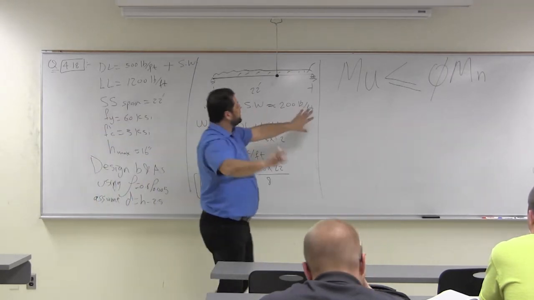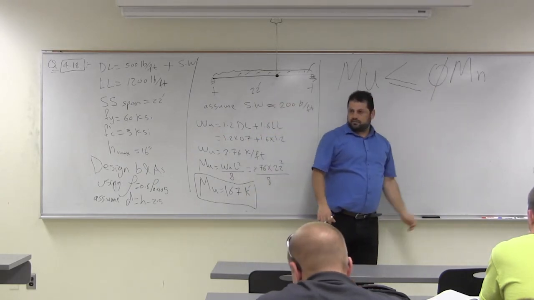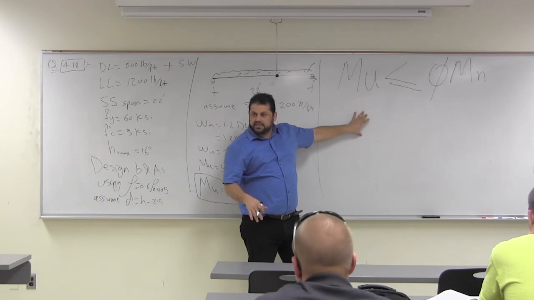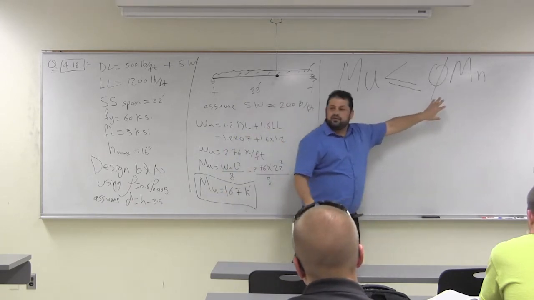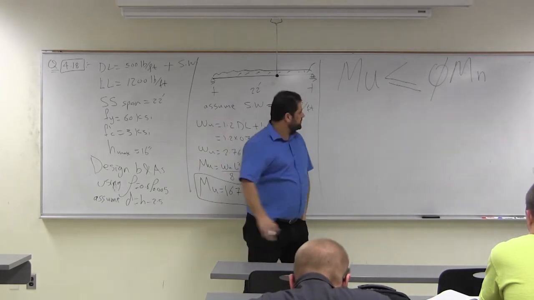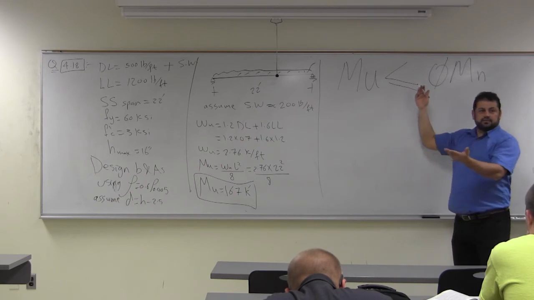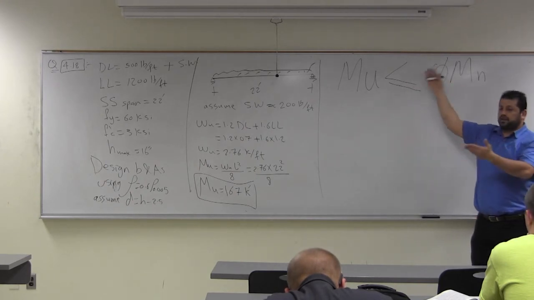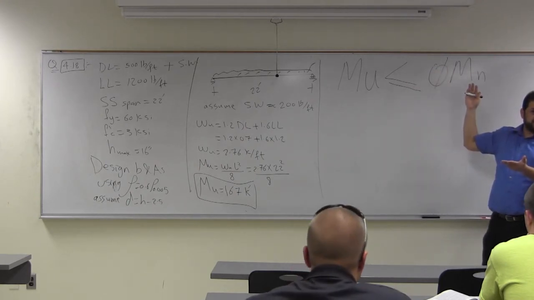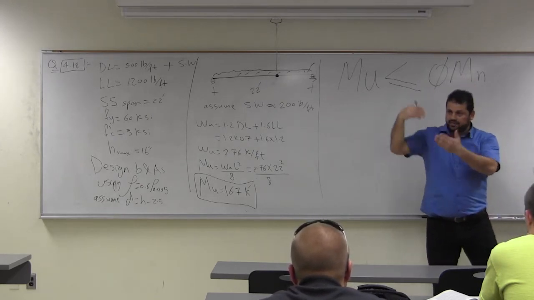If you design for shear, V ultimate less or equal phi Vn. Axial, P ultimate less or equal phi Pn. Good. Now, where do you start? By making them equal. Then you get something more, you add a little bit.